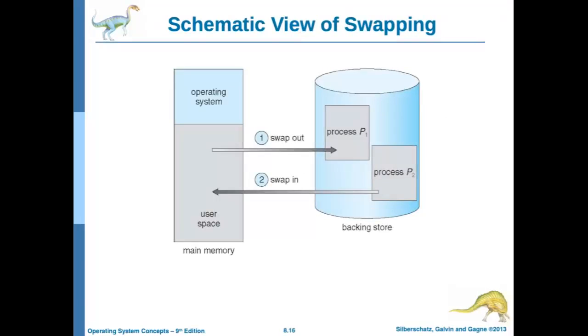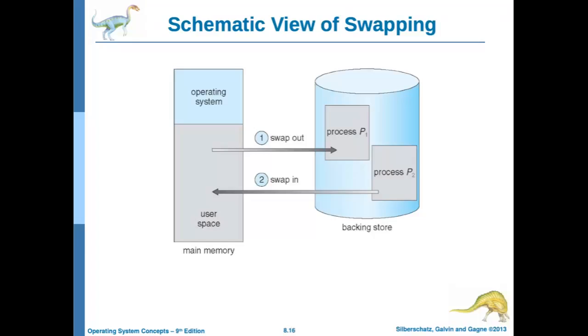Now this is the schematic view of swapping. The main thing is that the lower part of main memory is utilized by the operating system. The remaining part is considered as user space, and there will be so many processes in the user space.